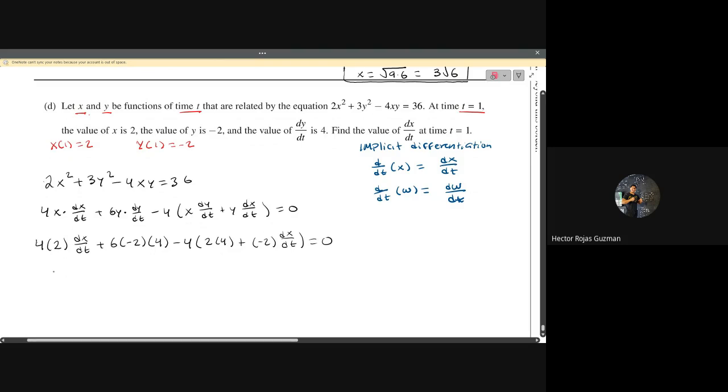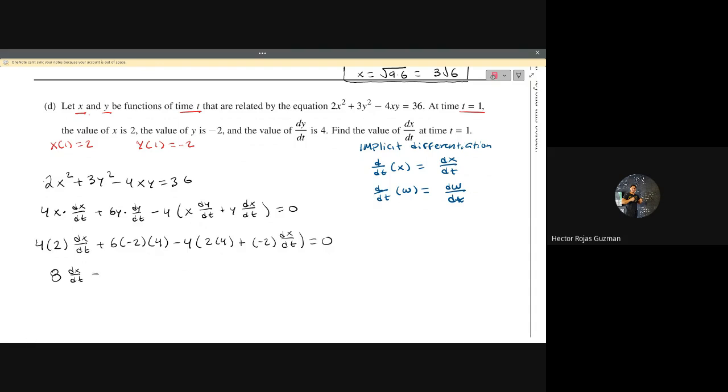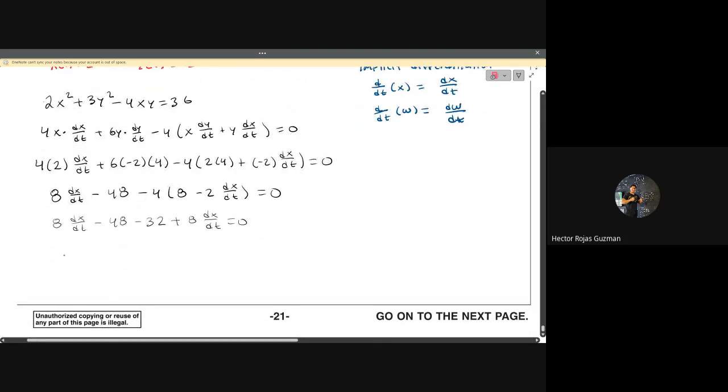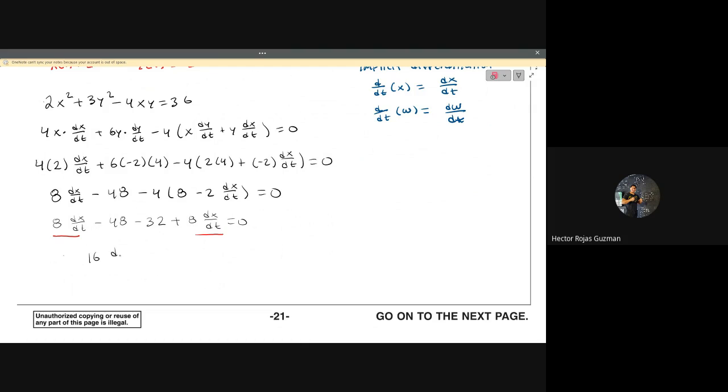Let's take it one step at a time. 8 dx/dt minus 48 minus 4 times 8 minus 2 dx/dt. We're going to combine some stuff right here, and combine these guys too.